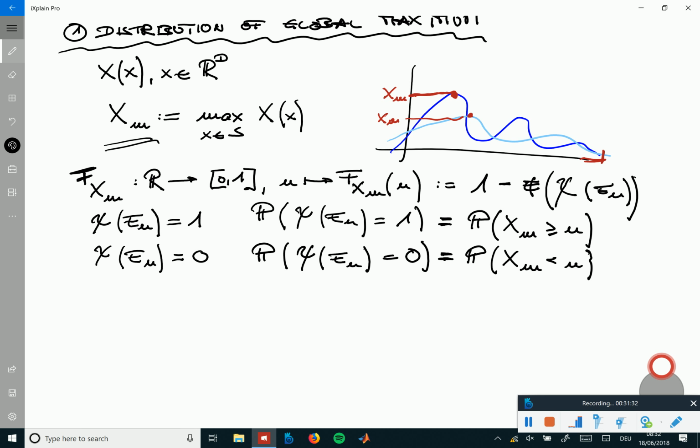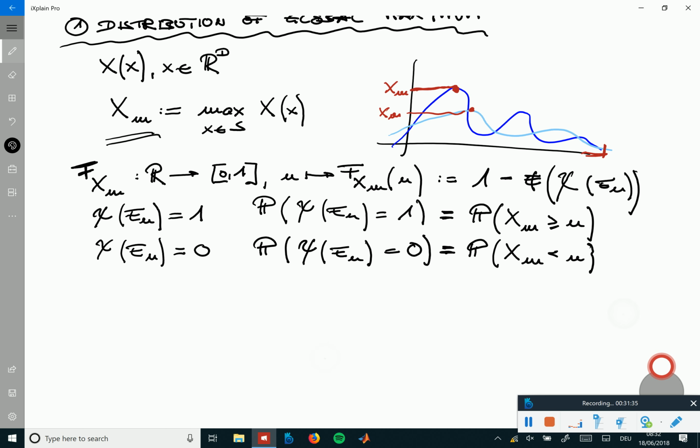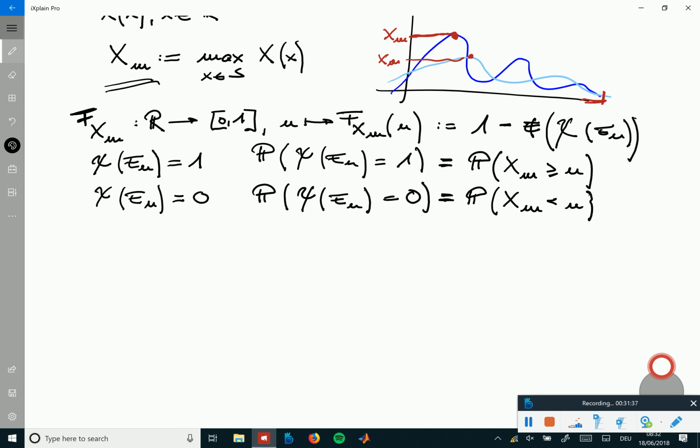So we have now seen that equivalence, and now what we want to do is compute the expected value of the Euler characteristic. Maybe we've done this, it feels strangely familiar, but how do you compute the expected value of the Euler characteristic in this scenario when it only takes the values 0 and 1?